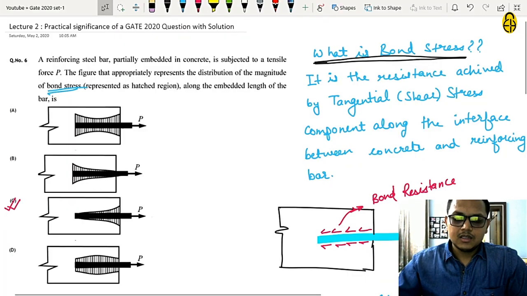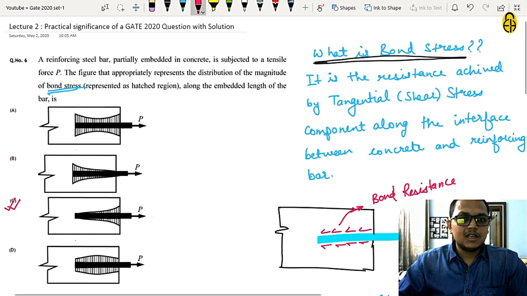You will feel that the maximum resistance offered by your finger and the interlock of your hand will be maximum at this end, and it will keep on reducing to the other end. And you can see in the exam itself also how this technical knowledge that you gain through books can be applied practically in real life also. Hence, option C is a correct option.